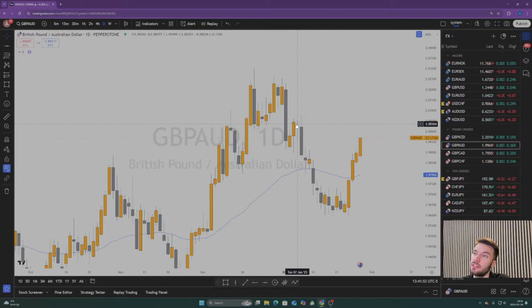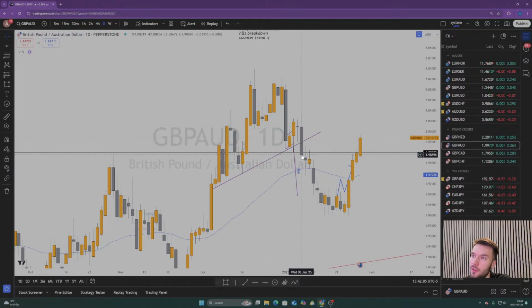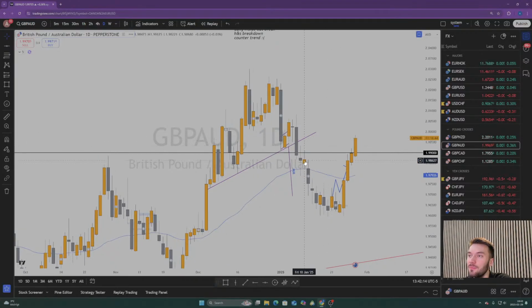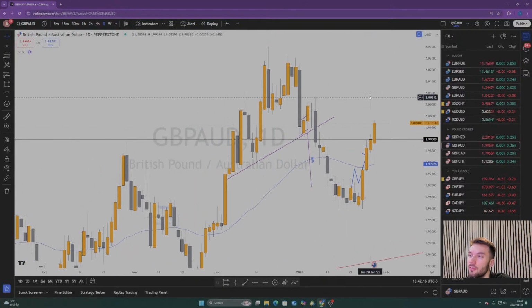We make an inside candle. We absolutely crank it to the downside. We close below the lows. And we are below the big fig and the support trend line, okay?